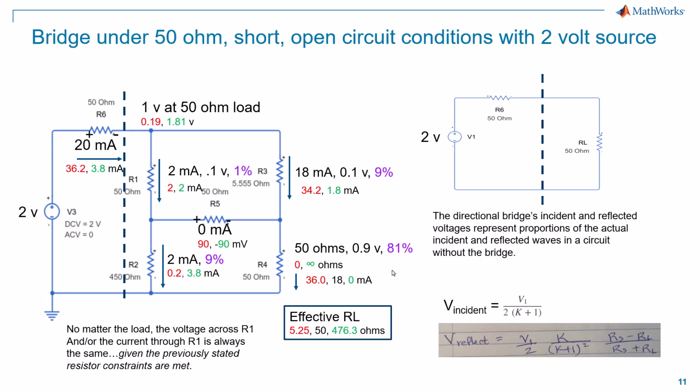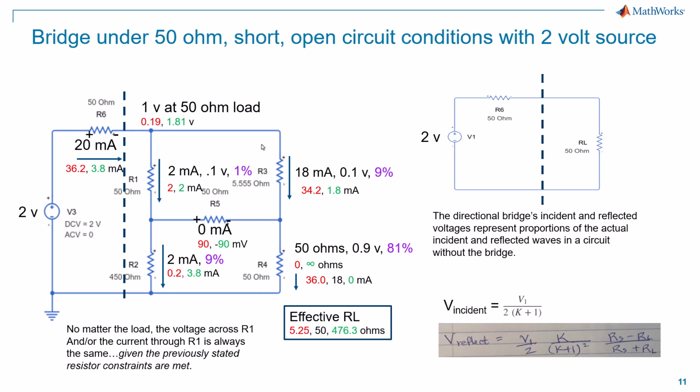So 81% of the power is directed to R4 using a 10-to-1 sampling bridge. And of course, finally, this is where the other power is dissipated. It goes 1% here, 9% here, and 9% here, all adding up to 100%, as compared to the bridgeless condition. All right, so that was a lot to say about this very, very simple circuit.